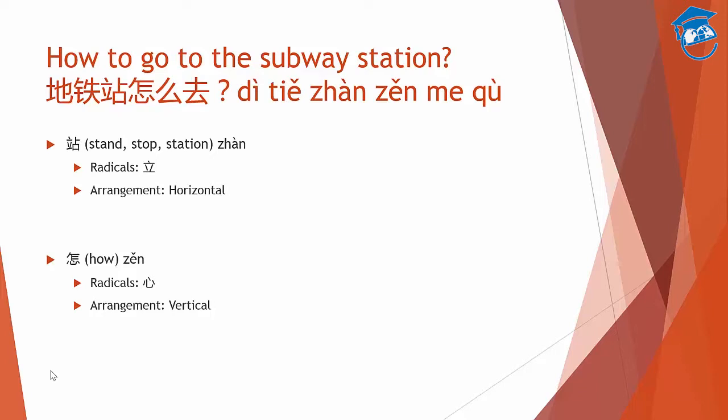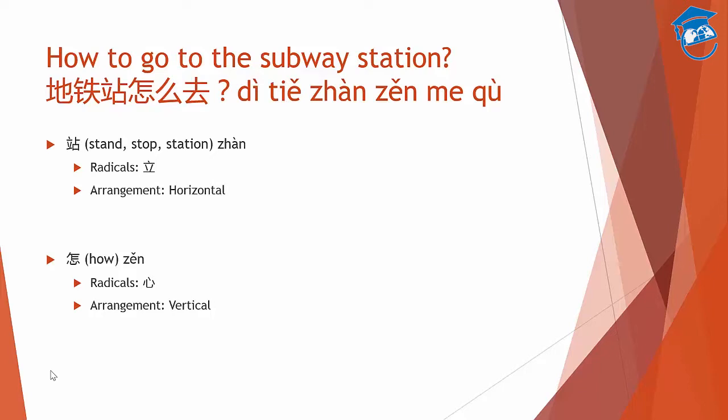So 去 is go. So if you want to direct translate, 地铁站怎么去? It is like subway station, how go. Okay, so it may not sound very intuitive to you, but to put it another way, 怎么 is how, so the answer is very likely to be a description.